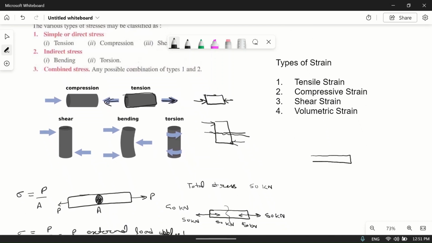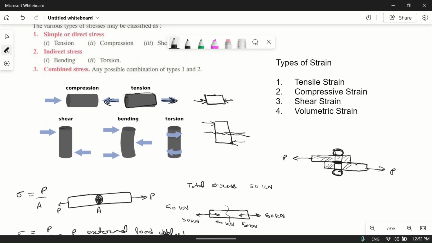Suppose this is a plate, this is also a plate, and these two plates are held together with a bolt. Suppose we are applying a force here. Then the material will try to break from here, because it is supported by a plate in this area and by a plate here. So the weakest point is here. So it will be a shear stress.